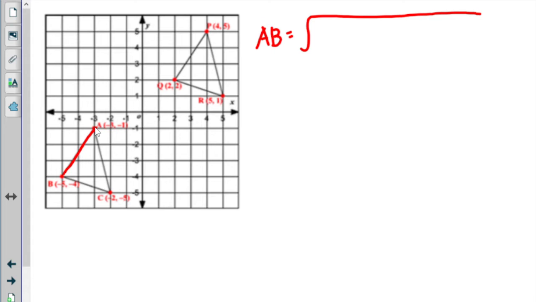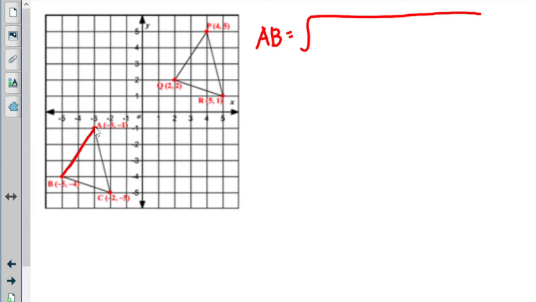We want matching distances because if they're the same distance, that means that they're congruent. So let's get our distance from A to B. I'm going to go in detail here because this one's tricky. There's a lot of negatives going on, and I'll give a bit less detail and have you be a bit more independent as we go on.